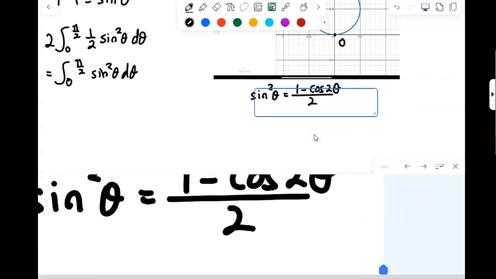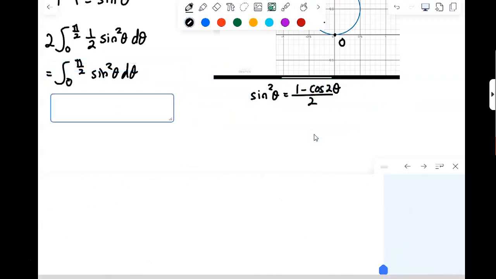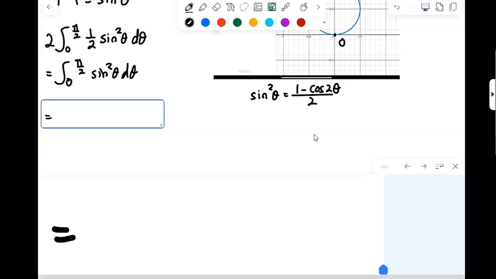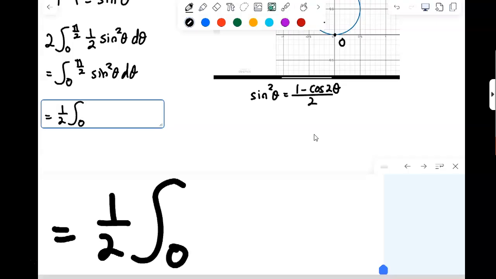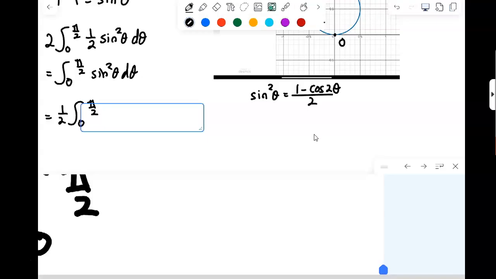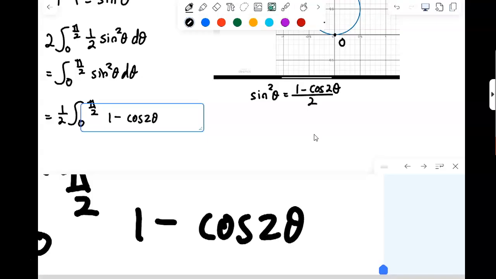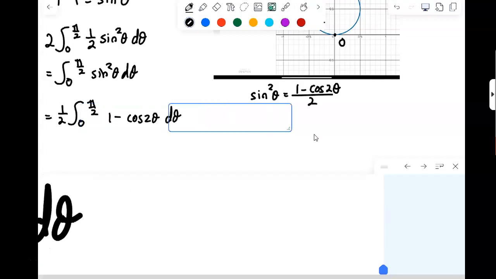Double the angle. So that's going to be 1/2 times the integral from 0 to pi over 2. I factored the 1/2 out, and I'm just going to have a 1 minus cosine 2 theta d theta.